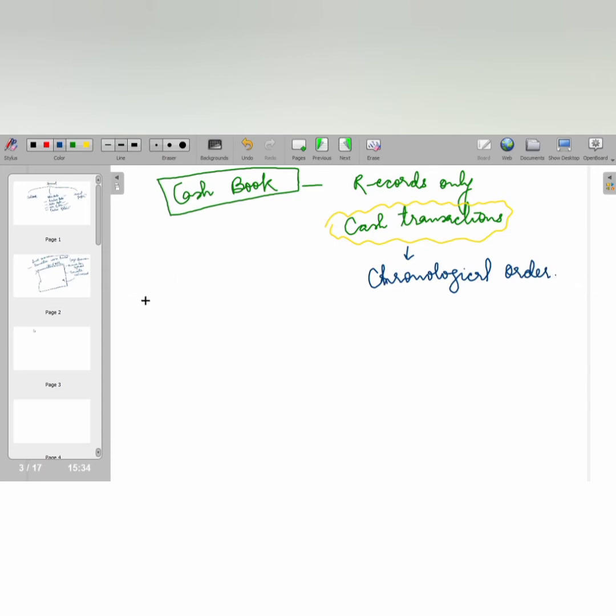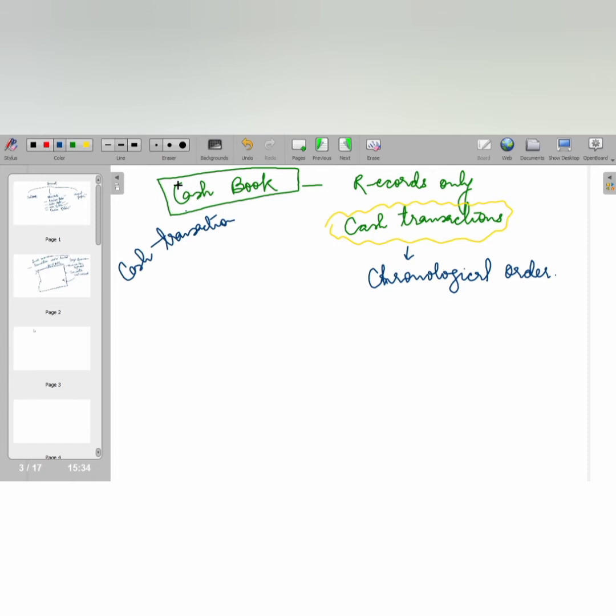where all the receipts and the payments are made in cash by the business organizations. In short, we can say the cash book focuses only on the cash transactions. Again, I am repeating, the cash book involves only cash transactions.